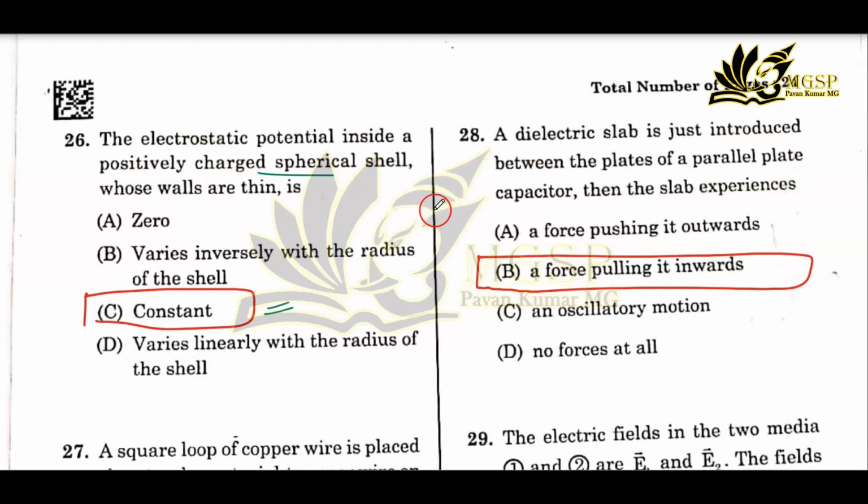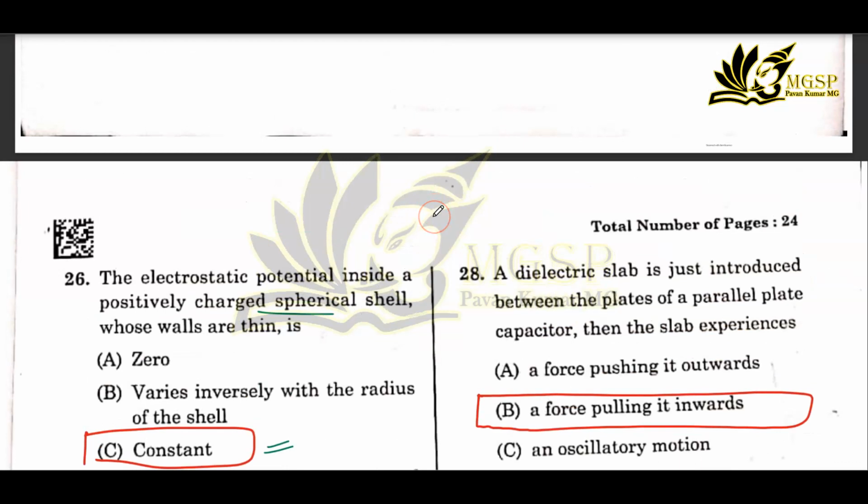How? Because when you consider the potential, it is actually measured from infinity, whether in the case of a spherical shell, a sphere, or a cylinder. If I take a point charge, the potential is usually taken from infinity, not from the circle itself.